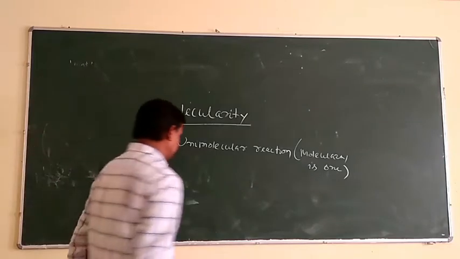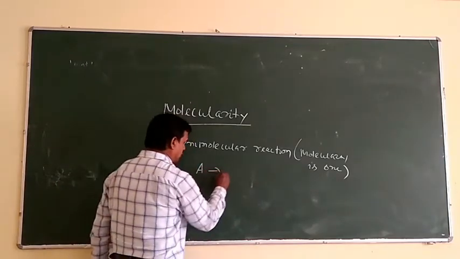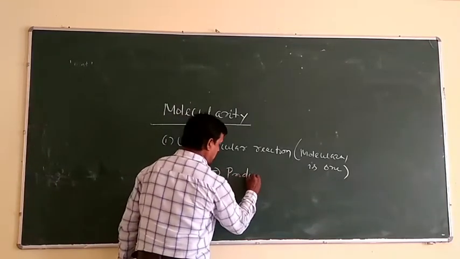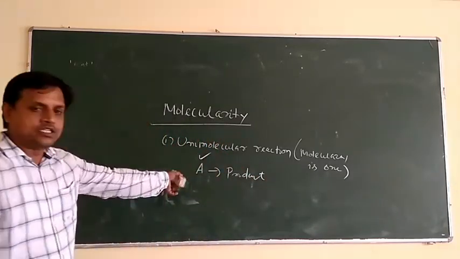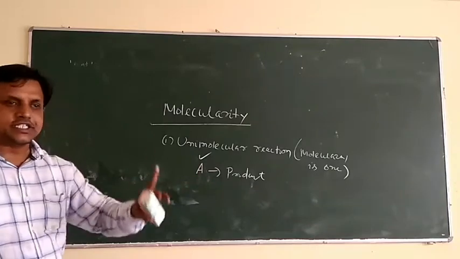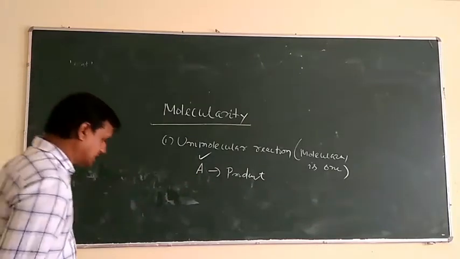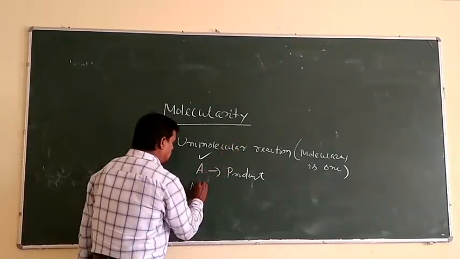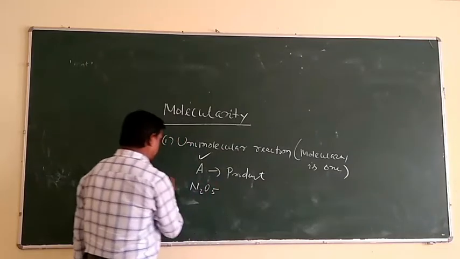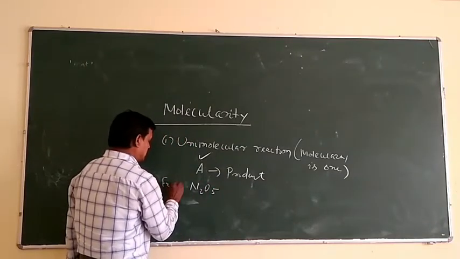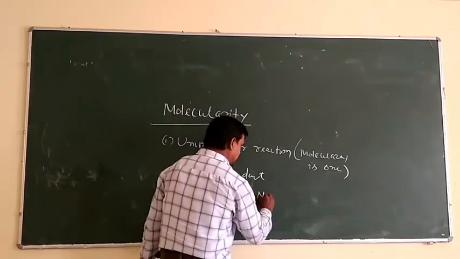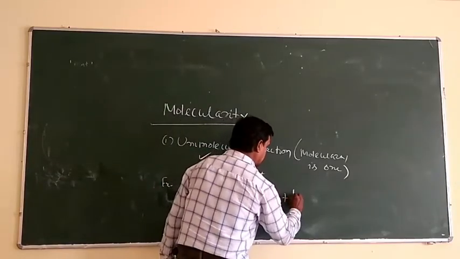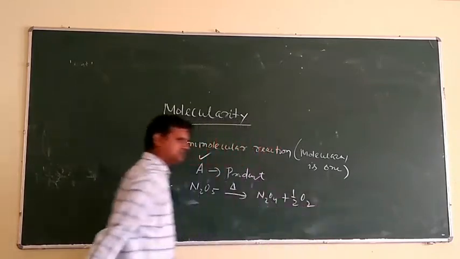For example, one molecule is giving the product. So molecularity is one. For example, N2O5 on heating gives N2O4 and half O2.